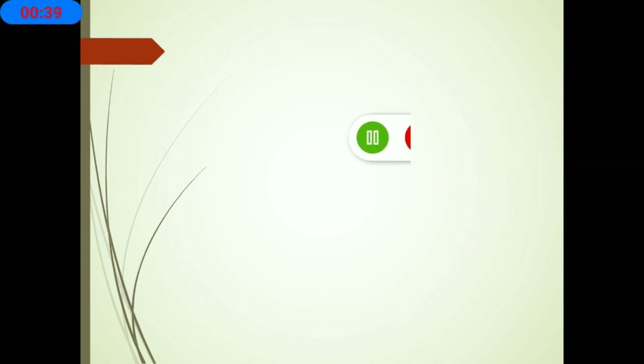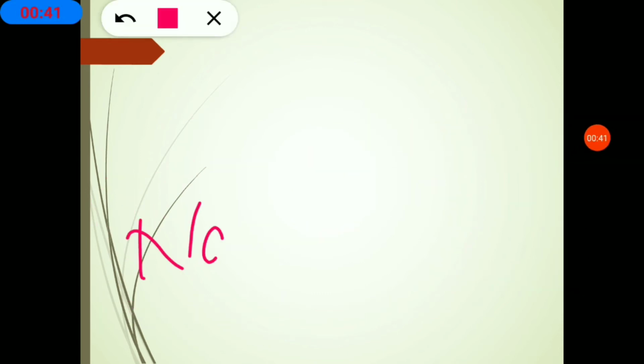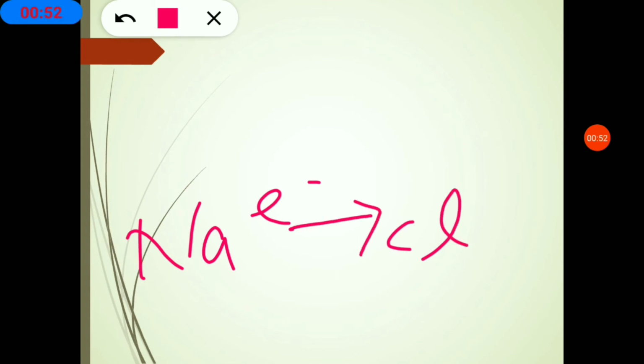What did the sodium do? It donated one electron. One electron to whom? To the chlorine. And chlorine gained one electron. Sodium donated, chlorine gained one electron.